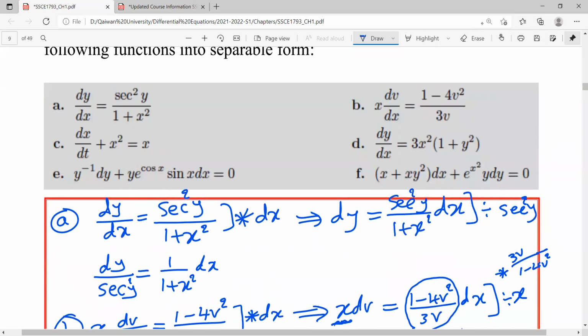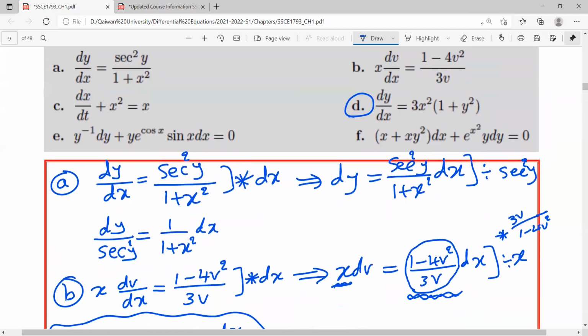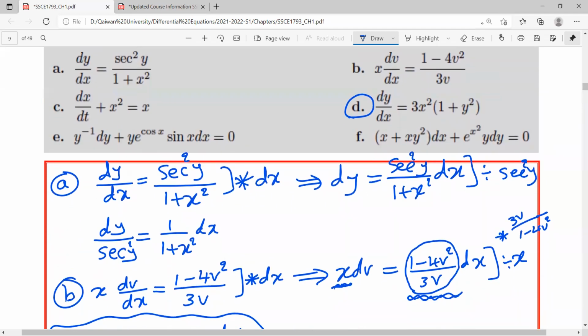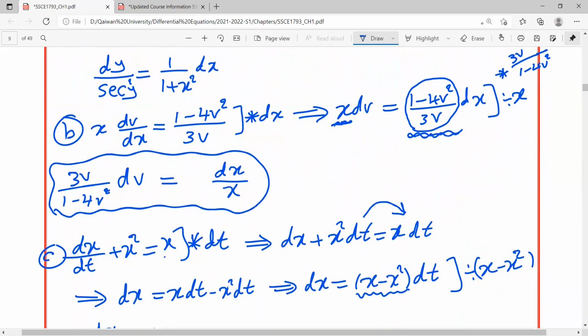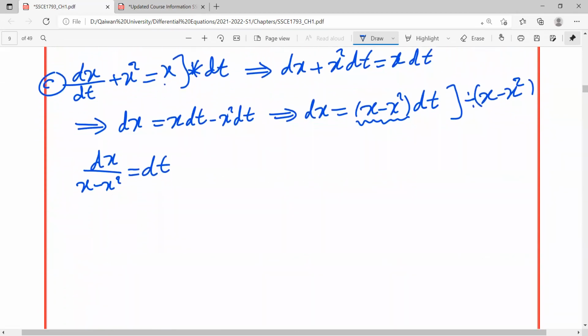For part D, dy by dx equals 3x squared times 1 plus y squared. We have this equation.